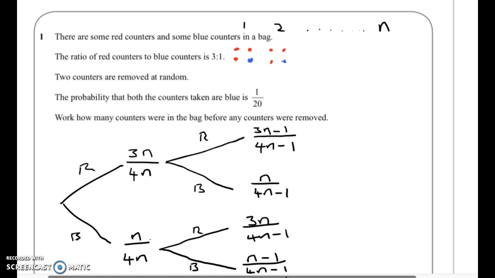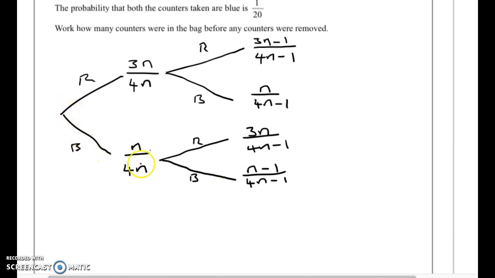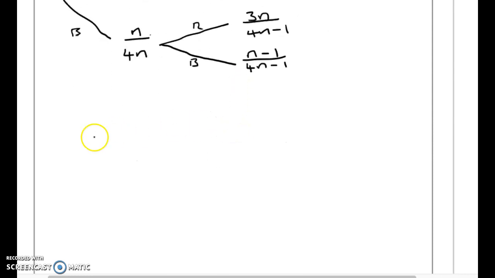Now, it's asking what's the probability that both the counters taken are blue. So we're only concerned with this here. It's going to be this probability times this probability, and it's going to equal 1 over 20. So we can write that in: n over 4n times n minus 1 over 4n minus 1.